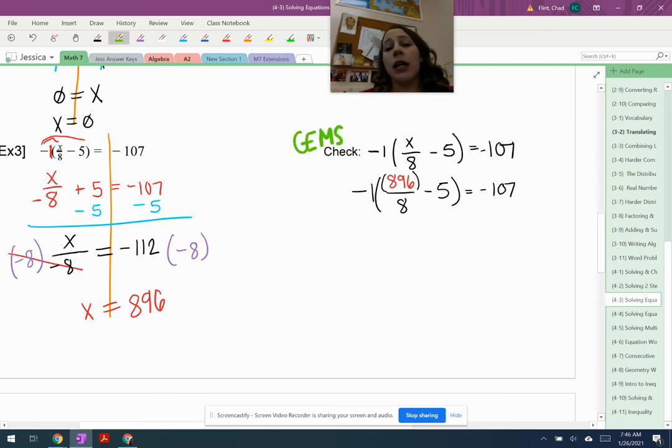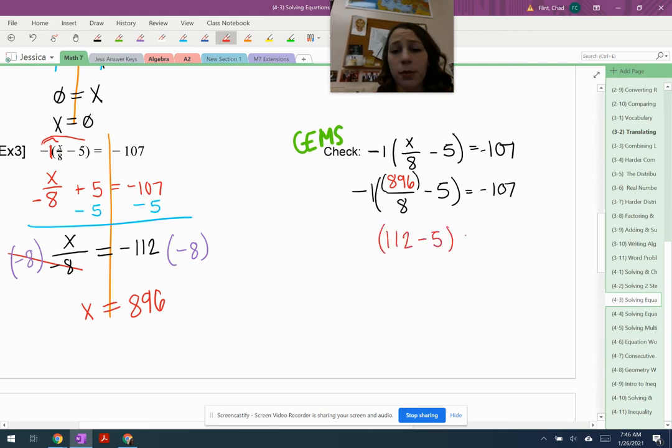Inside my groupings first, and inside the groupings, I'm starting with that division. So 896 divided by 8 is going to be 112. 112 minus 5 gets me back to my 107.